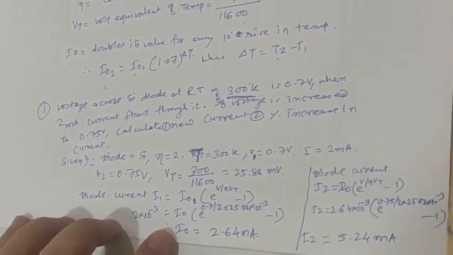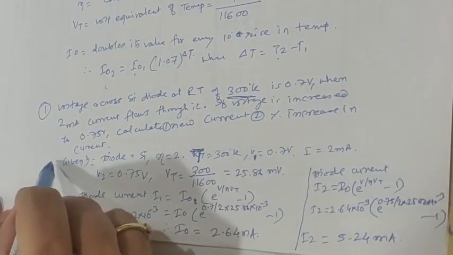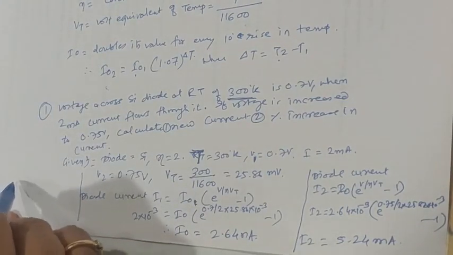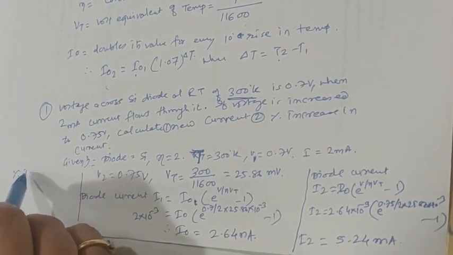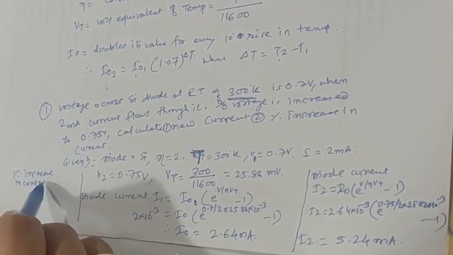Okay. But now what is the second part? It has been asked, percentage increase in the diode current. This is very important. So I will be calculating percentage increase in current.